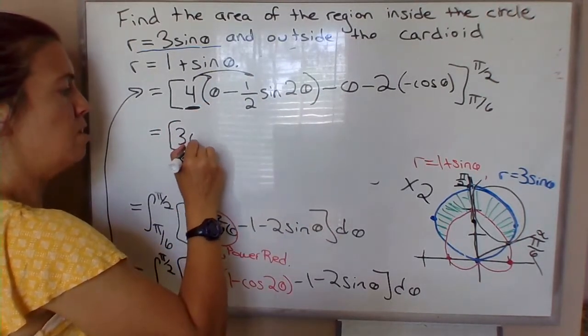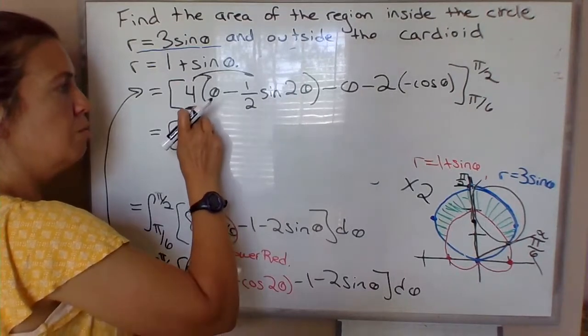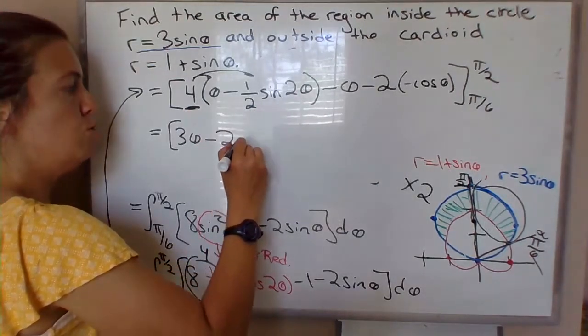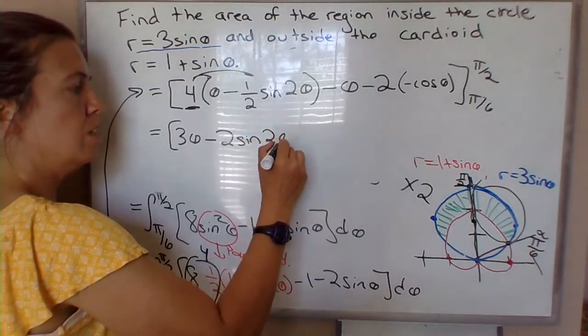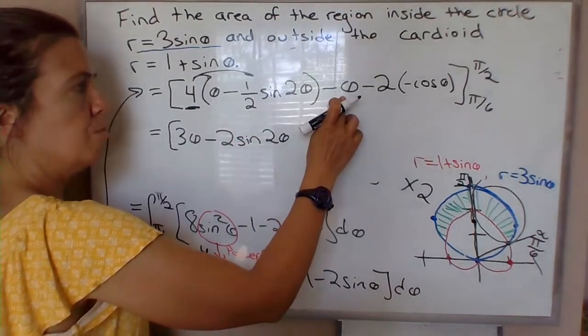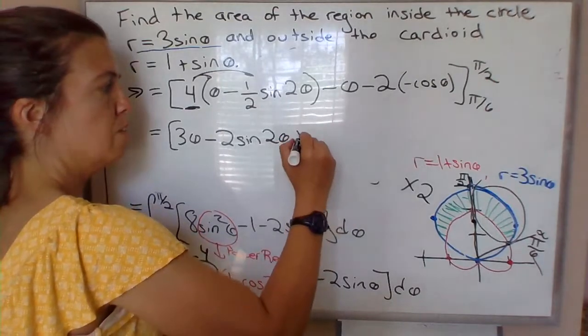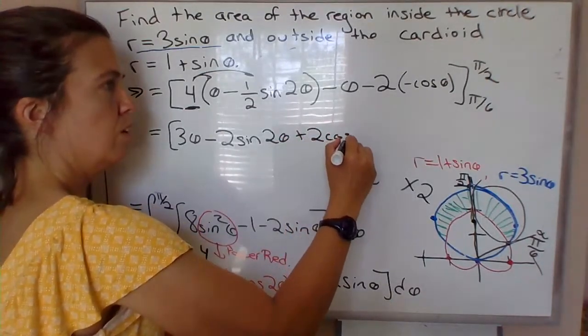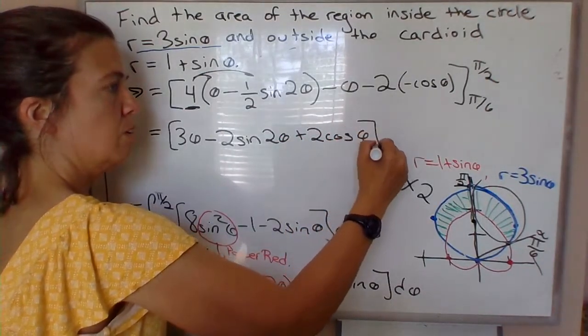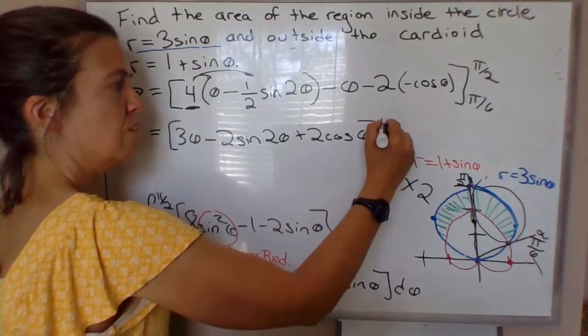I'm going to go ahead and combine those, so that's 3 theta. Minus 4 times this, so that'll be 2 sine of 2 theta. I've already combined that with this 4 theta up here, so now this will be positive 2 cosine of theta. Okay, evaluated from pi over 6 to pi over 2.